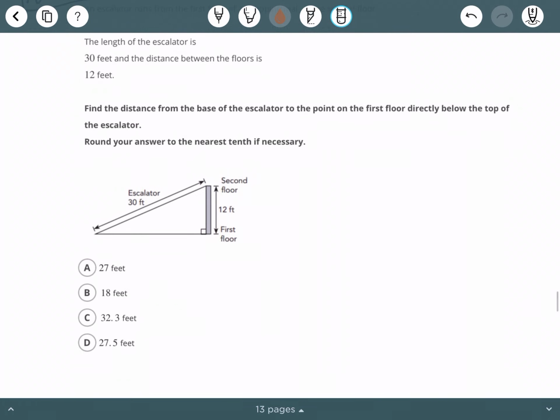All right, so again, if you look at the diagram here that's made, you can see that this diagram makes a right triangle. And we know how to solve for a right triangle, right? We just have to plug into that Pythagorean theorem. Now they give you this length and they give you this length.